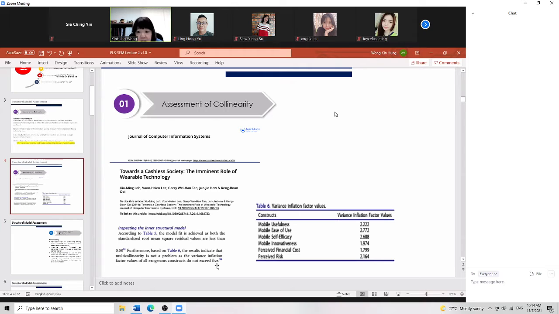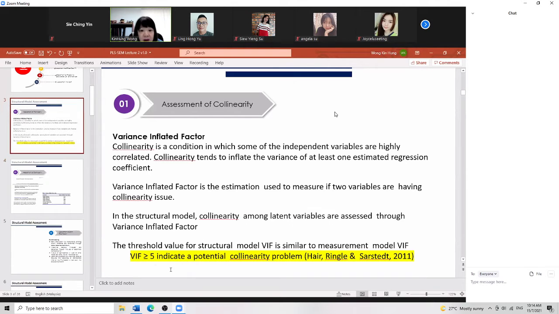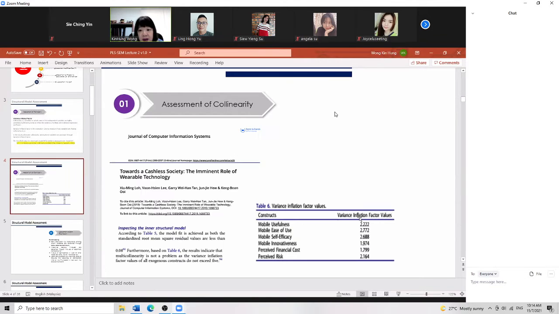This one does not exceed 5. Not more than 5. So all of these are less than 5, so there is no multicollinearity issue. These are all the different factors. They ran out this variance inflation factor value, and it is less than 5. There's no collinearity issue. This is how you report.